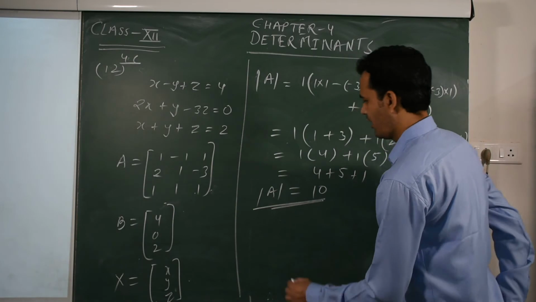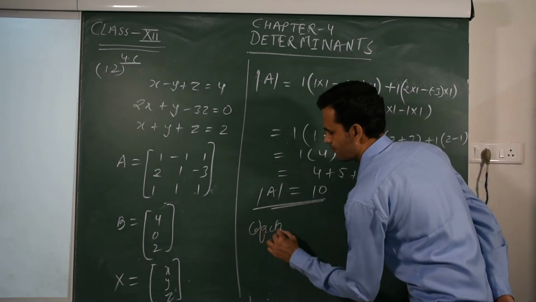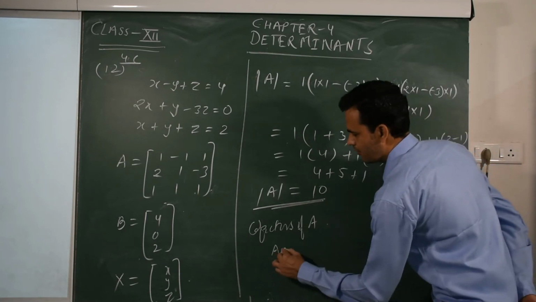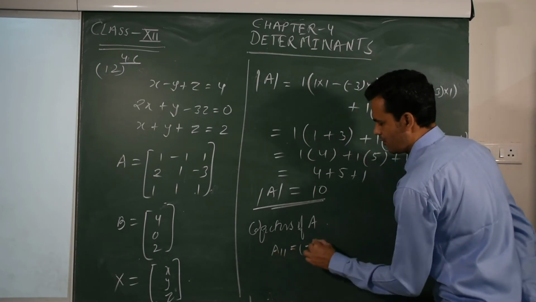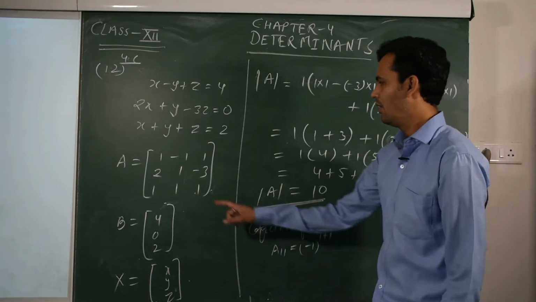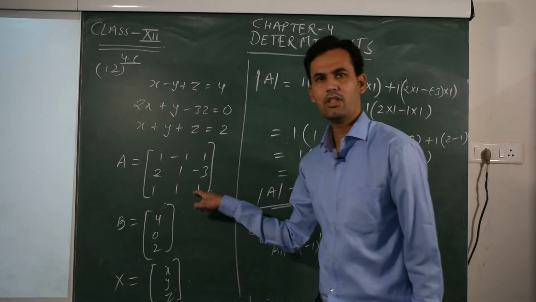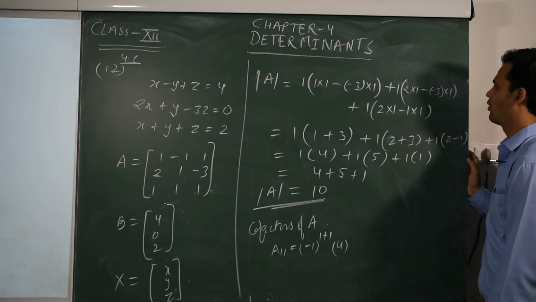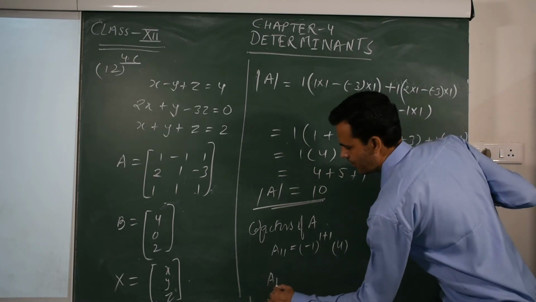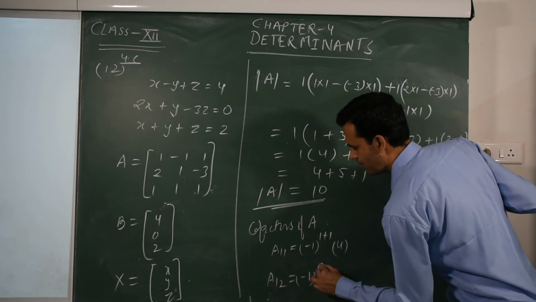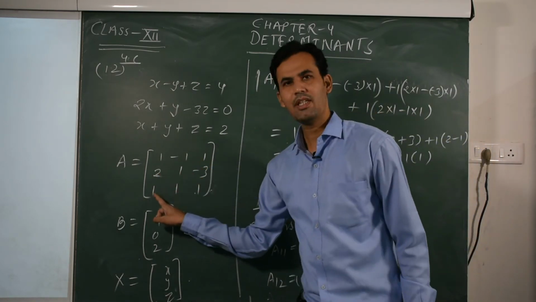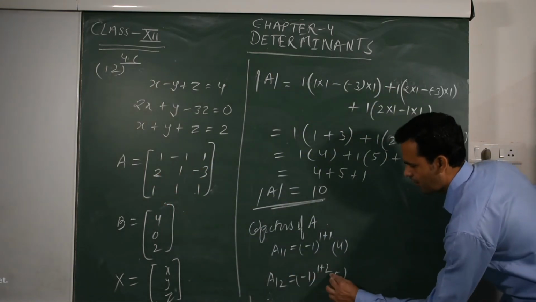Now we find the cofactors of A. A11, minus 1 to the power 1 plus 1, this into this minus this into this: 1 into 1 plus 3, directly we write 4. Then A12, minus 1 to the power 1 plus 2, the cofactor of this element, 2 plus 3, so it is 5.